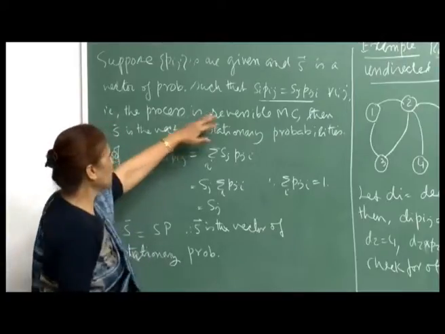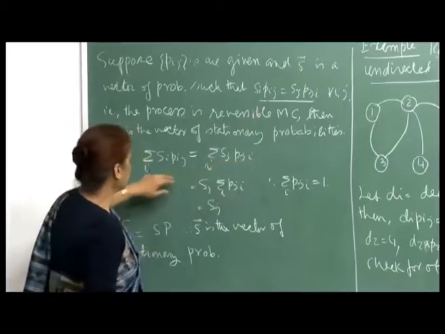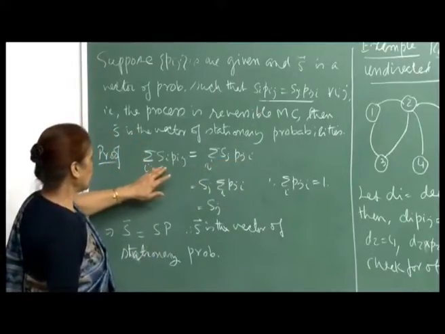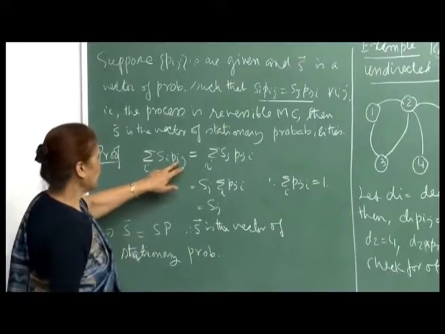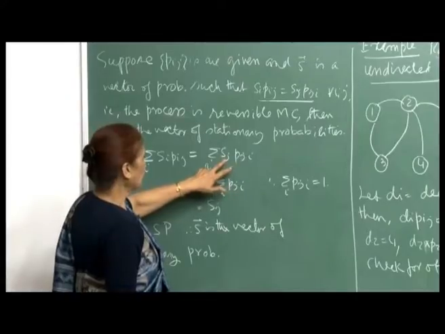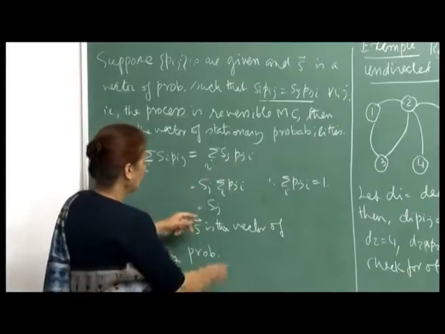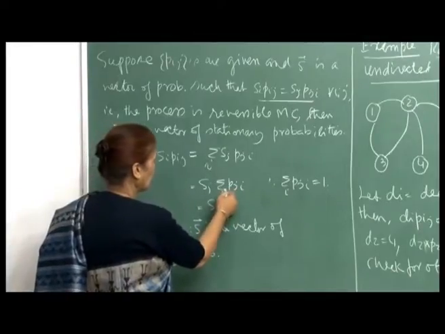So, suppose I start from here and sum up these equations with respect to i. This gives the summation over i of Si Pij equal to the summation over i of Sj Pji. Since Sj is independent of i, I take Sj outside, and this will be the summation of Pji over i, right.